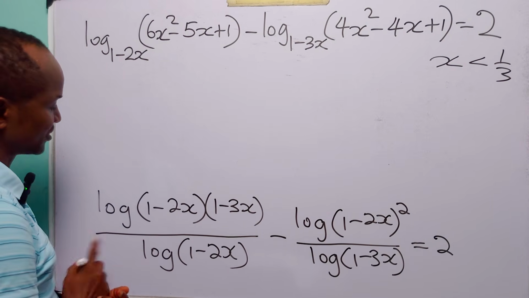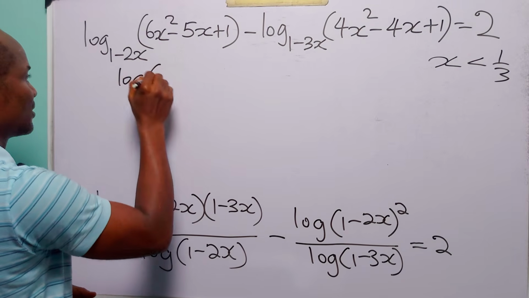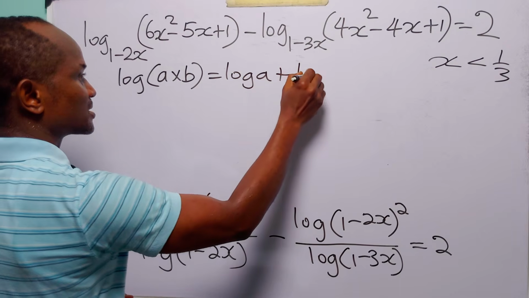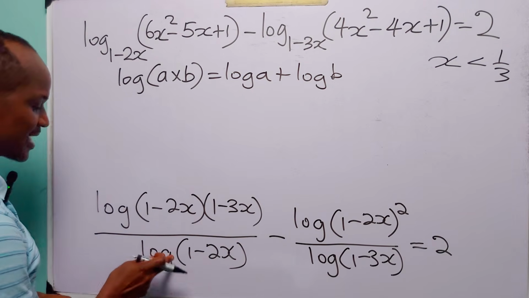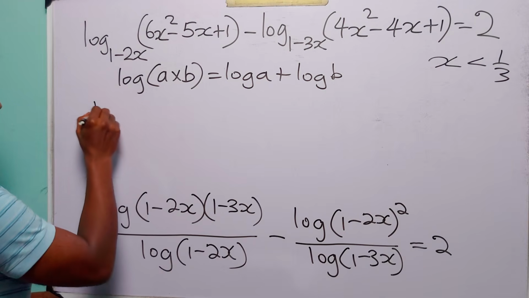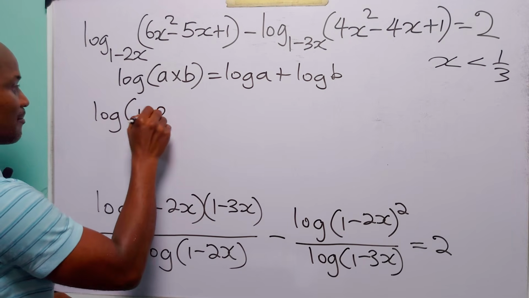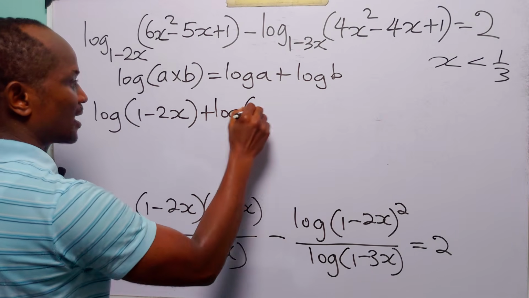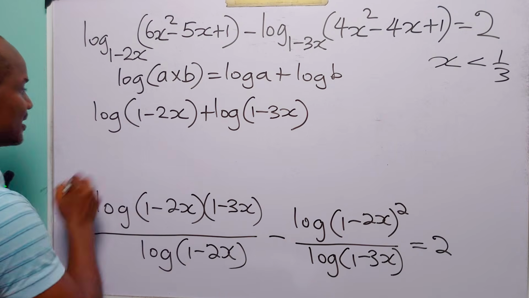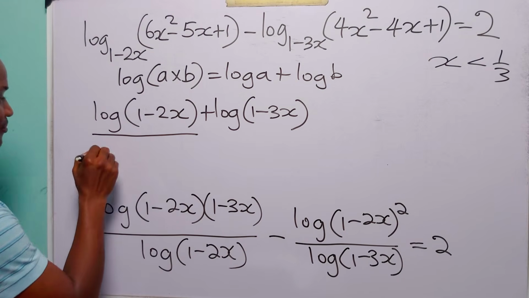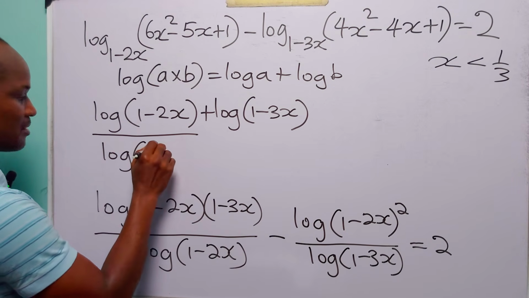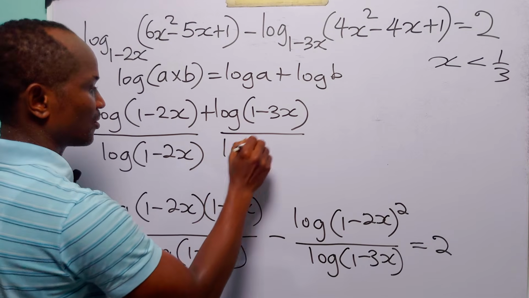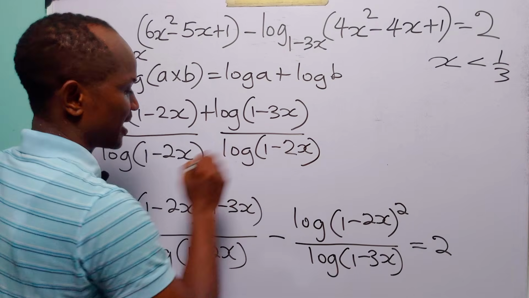Now, to simplify this equation, let us remember that log of a times b is equal to log a plus log b. That means that we can write this term as log of 1 minus 2x plus log of 1 minus 3x divided by log of 1 minus 2x.